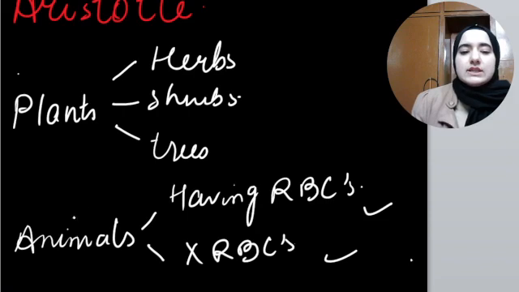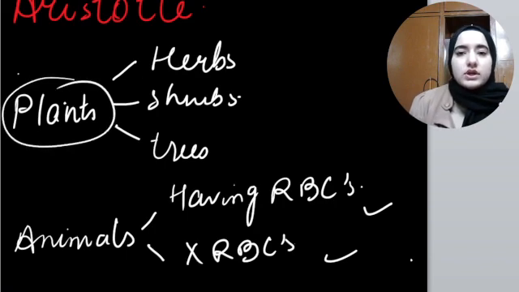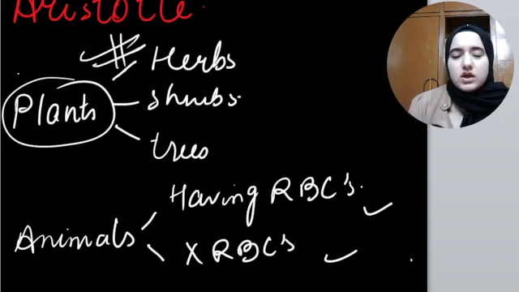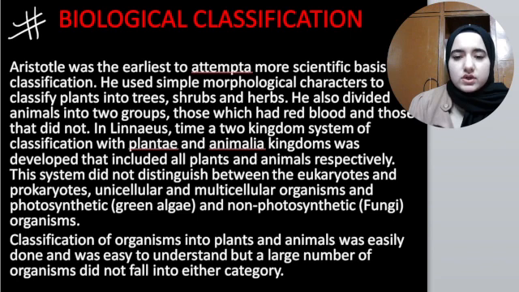Now you will see that this is not as per modern biology, not that much developed. Why? Because plants include autotrophs, heterotrophs, fungi. He included all these in a single kingdom, right? So it's not that much good, right?